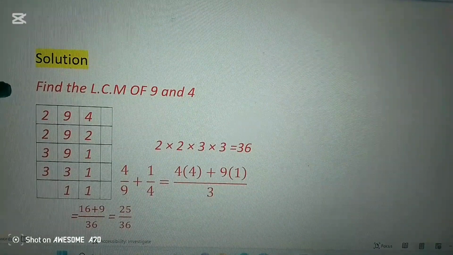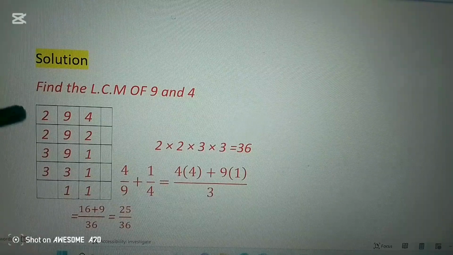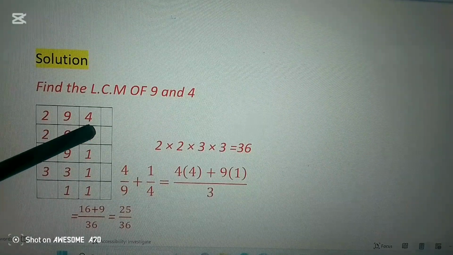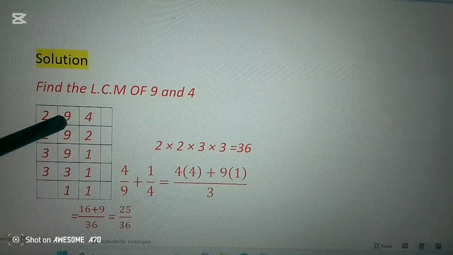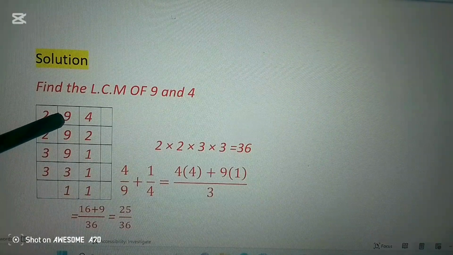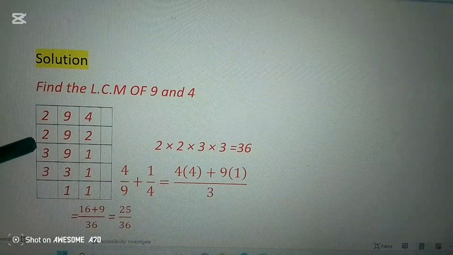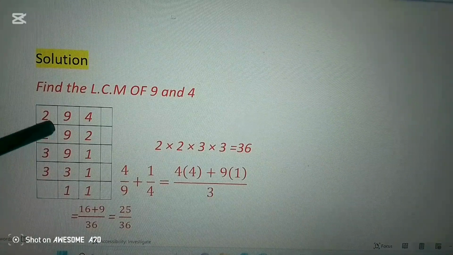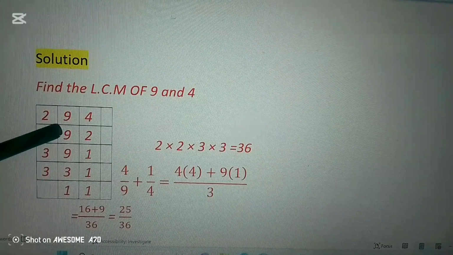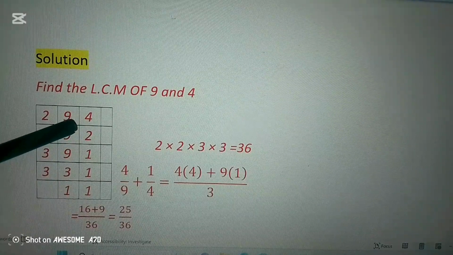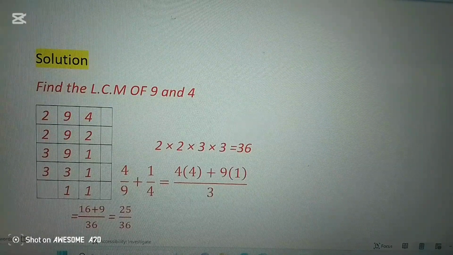Let's do it here together. It is 9 and 4. We are going to look for a number, which should be a prime number, that can divide 9 or 4. And we start with the least. That's why it's the LCM.